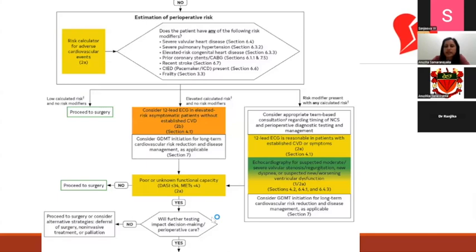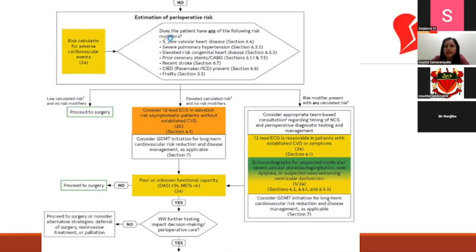So we can do BNPs, because this is basically applied according to the American guidelines. So they do practice doing BNPs all the time, but we don't have the facilities.